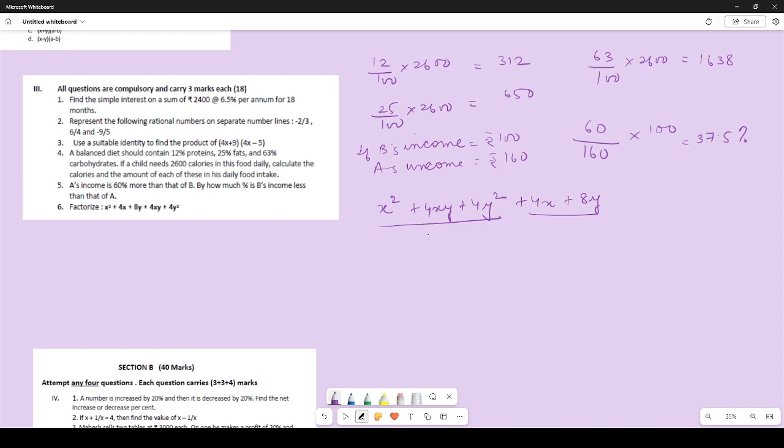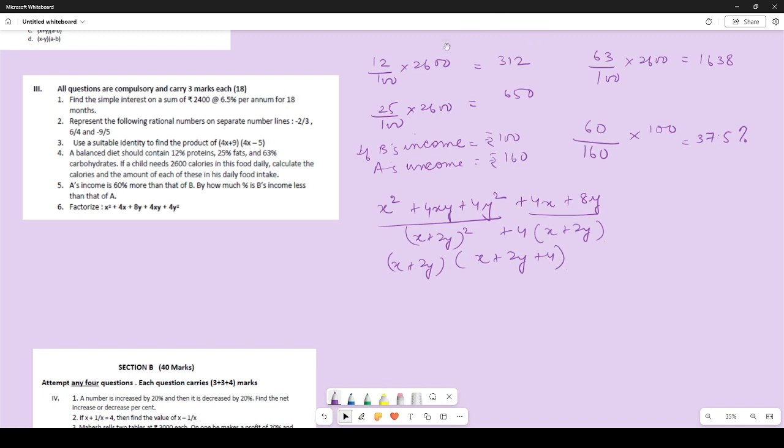So what do we have over here? We have (x plus 2y) whole square plus, if you take 4 outside, you get again (x plus 2y) inside the bracket. So what you do is you take (x plus 2y) as common, and the other factor would be (x plus 2y plus 4). So that is how you factorize that.